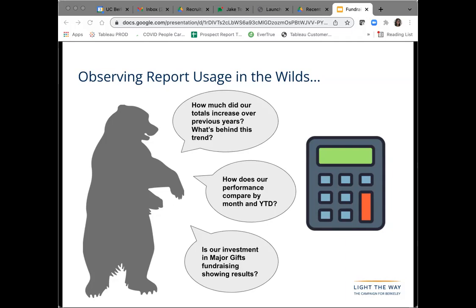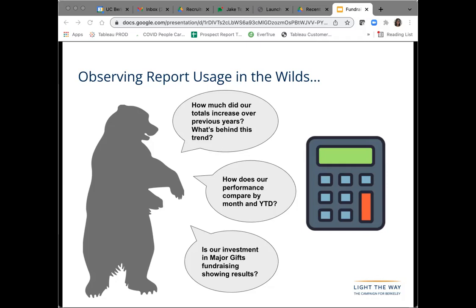And you see the big icon of the calculator on the right side. It used to be, I would sit with someone with the reports and they would pull out the calculator because they always want to know what percentage increase was happening. And then they would dig into it and say, well, what's behind this? And then I would have to point them to a different report, or it would be, well, how do we compare year to date by month?